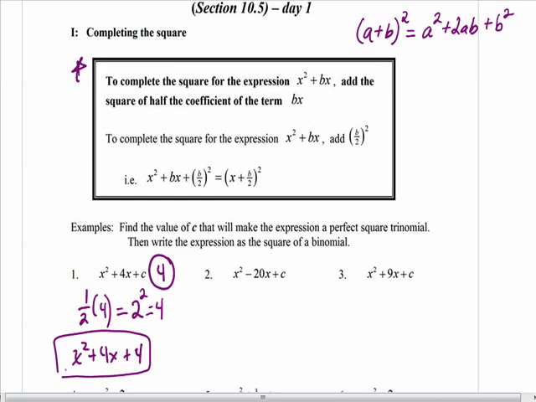All right. Then it says, then write the expression as the square of a binomial. How does the x squared plus 4x plus 4 factor? You should all be able to factor this trinomial I just put in the box. Oh, I have 3 hands up. Kevin, what do you think? X plus 2 quantity squared.